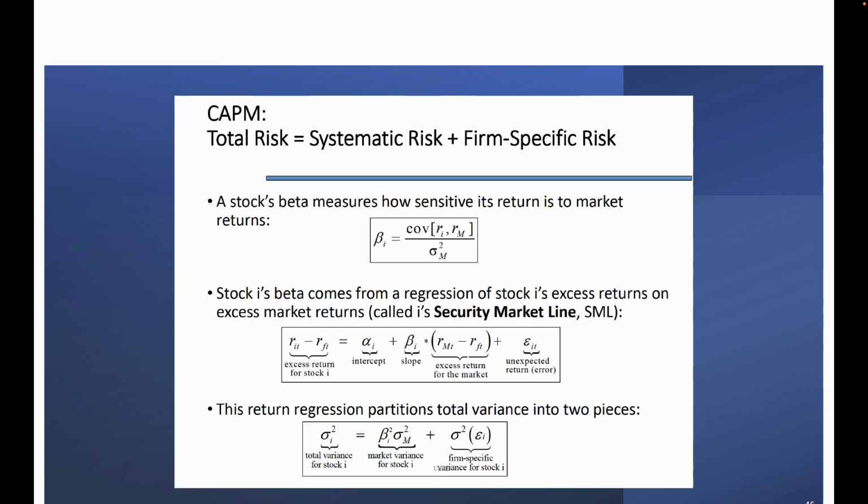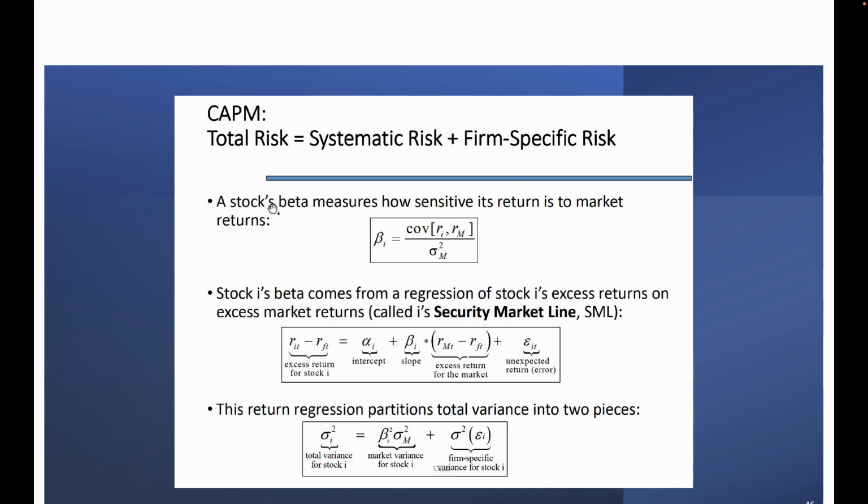It has 2 components. One is systematic, so it co-moves with the market portfolio, the tangency portfolio. That is systematic risk. And the other one is firm-specific. Like the diesel scandal at Volkswagen, it's a typical idiosyncratic risk component.